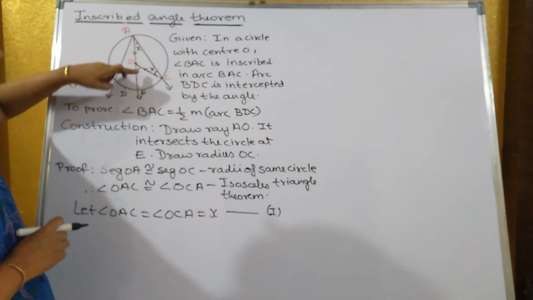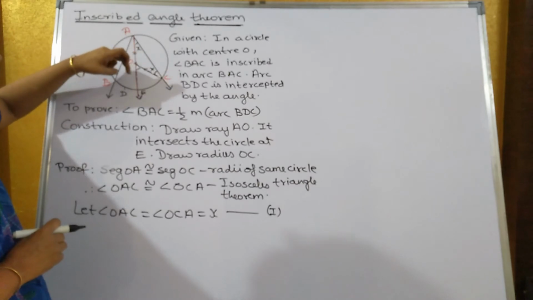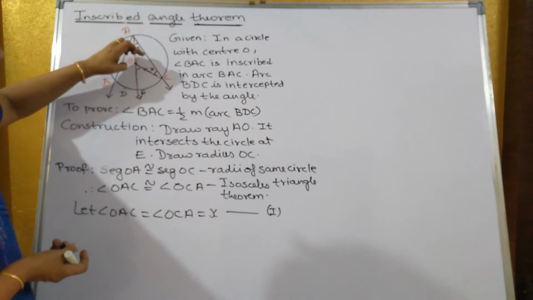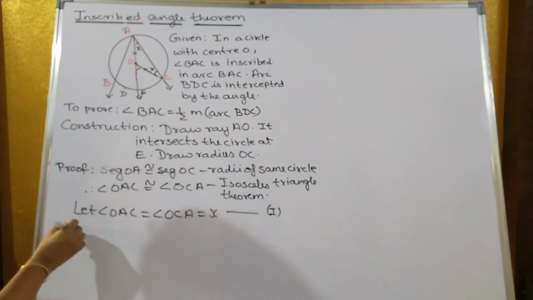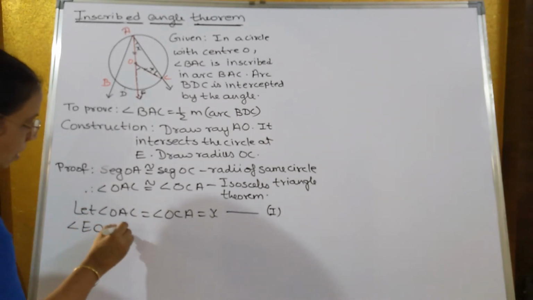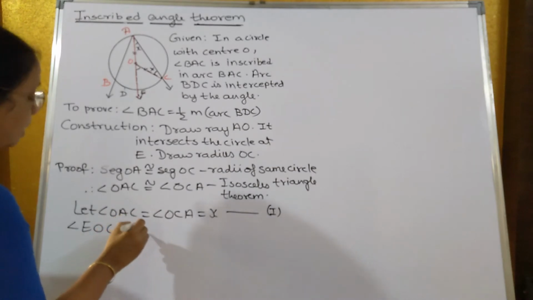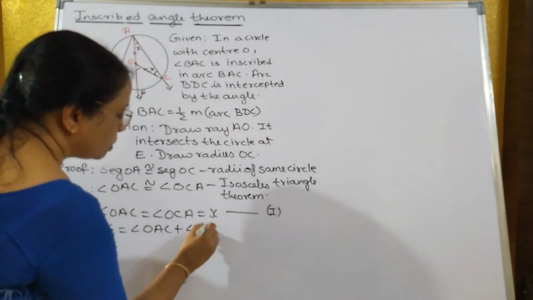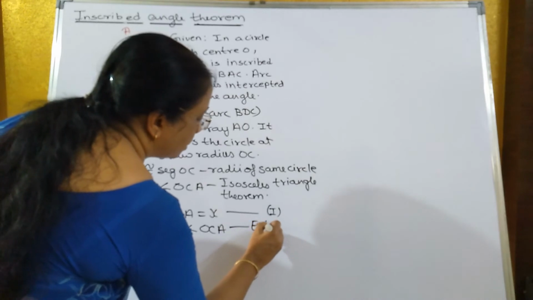That means EOC is equal to x plus x, because exterior angle is always equal to the sum of the remote interior angles, which is known as the exterior angle theorem. So angle EOC is equal to angle OAC plus angle OCA. Reason, what you'll write down? Exterior angle theorem.